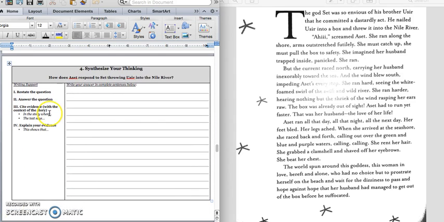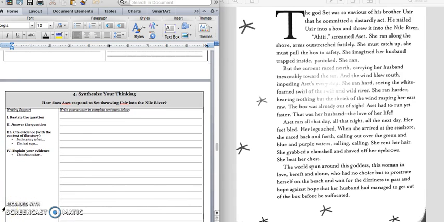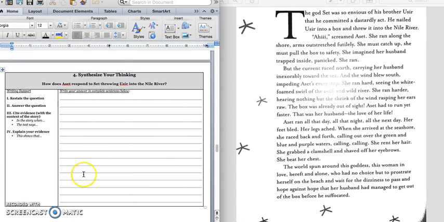And play when you're ready for the paragraph. How does Aset respond to Set throwing Yusir into the Nile River? Okay, and so when you're thinking about her responses, you need to look at the effects. First she does this, then she does this, and then she does this. And then you can explain in your paragraph why she did those things.